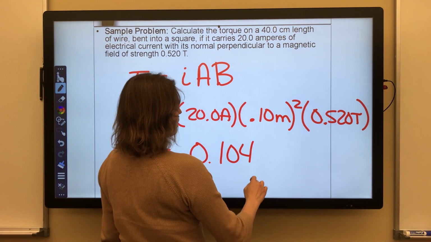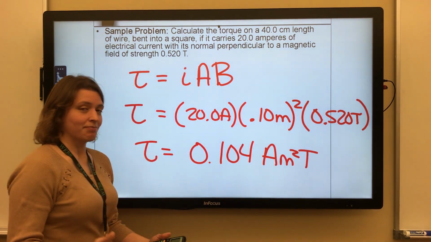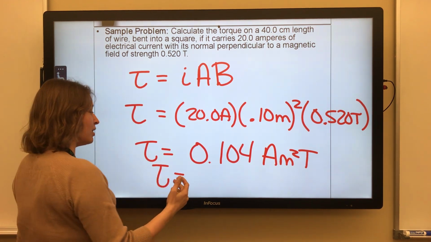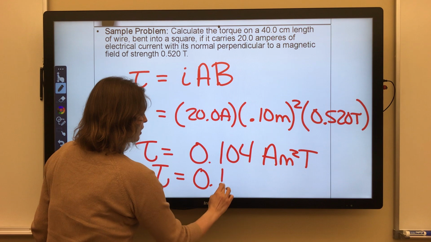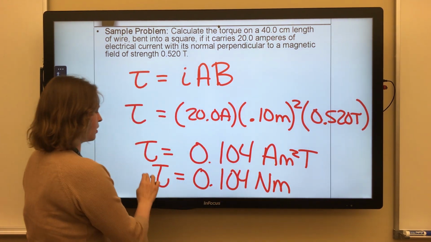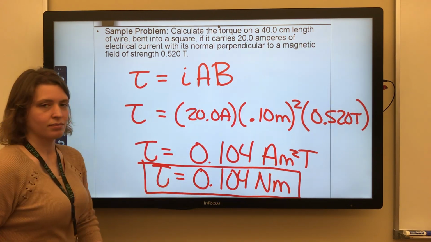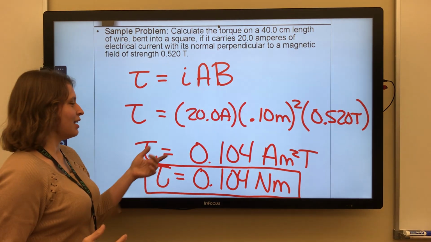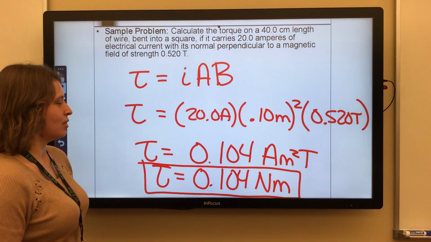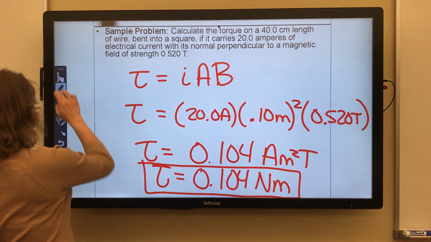I could write this as amp meter squared Tesla, which is accurate, but maybe not the most common units we use for torque. I think probably you should write this as Newton meters of torque. That is more conventional, but not any more accurate. It's also amp meter squared Tesla, but Newton meters is more common use.